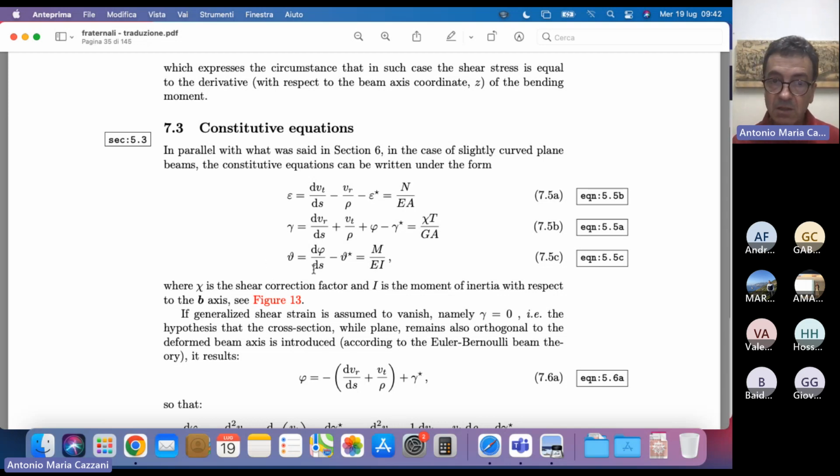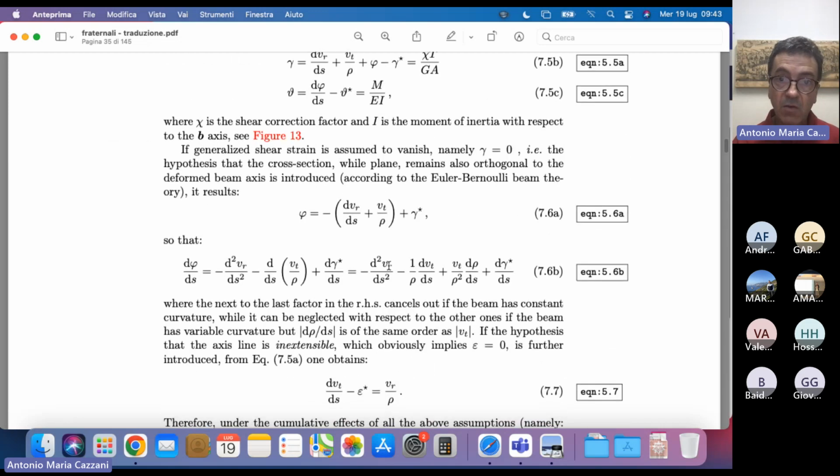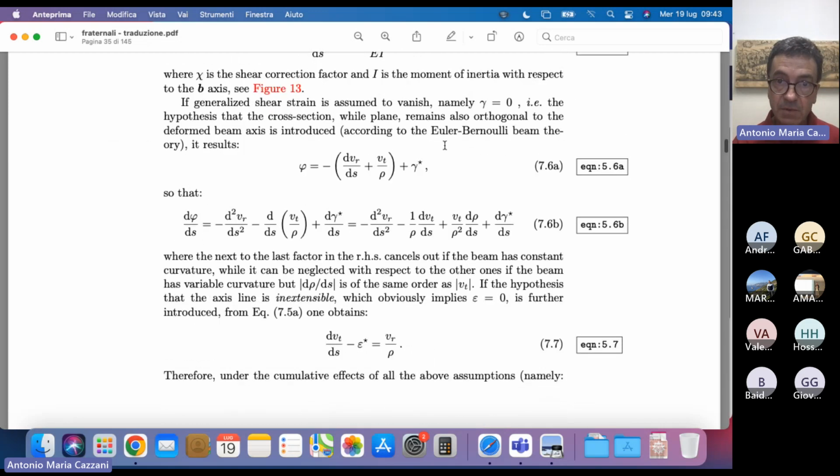And finally, the last equation connects the generalized angular strain, theta, to the bending moment M through the bending stiffness, which is the product of Young's modulus and the second moment of area of the beam.